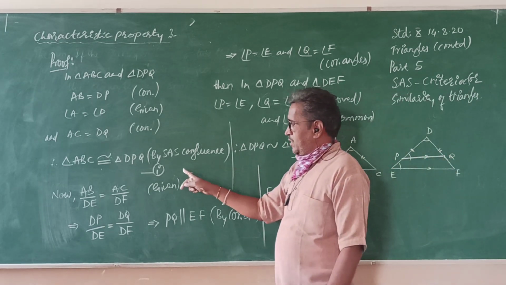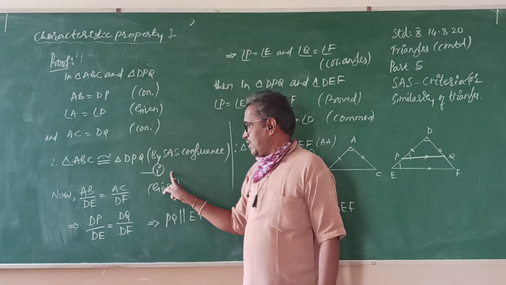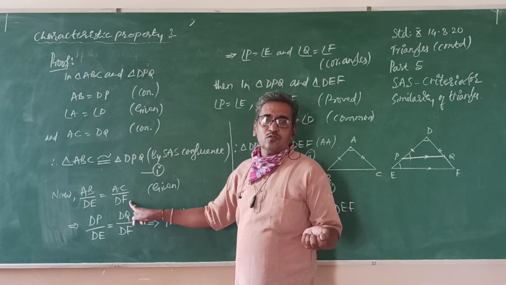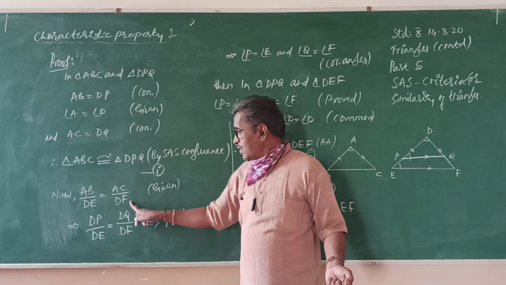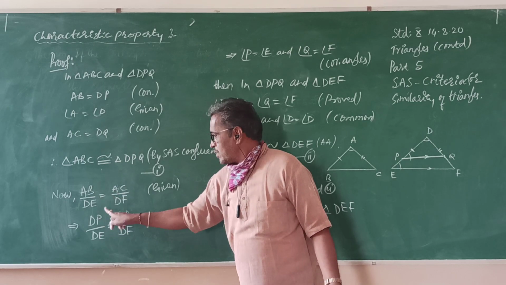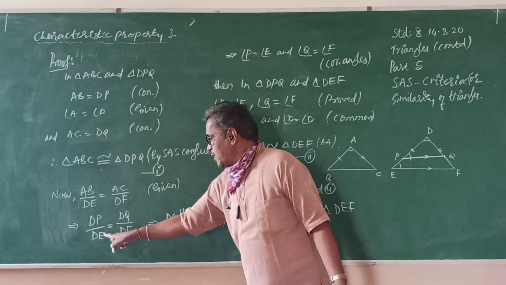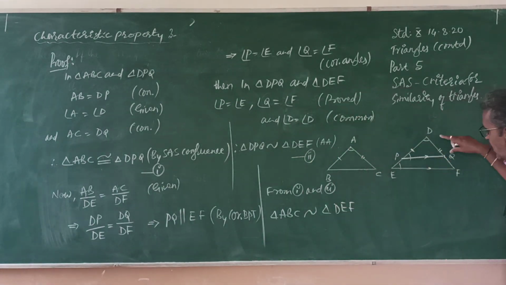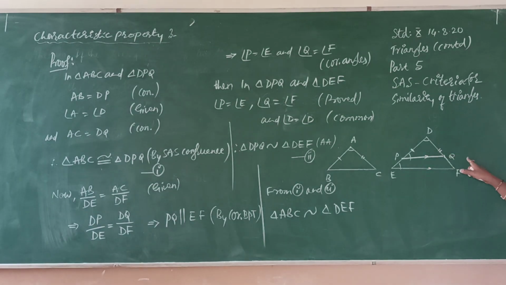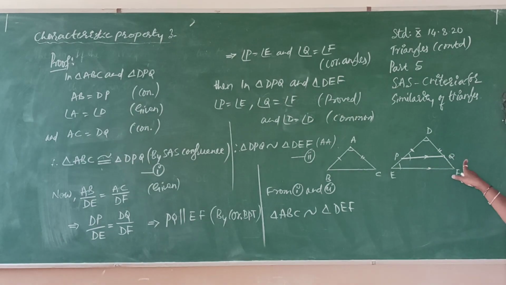That is the first part. Then AB by DE equal to AC by DF is given: two corresponding sides of two triangles are proportional. With what we constructed, AB equal to DP and AC equal to DQ, so DP by DE equals DQ by DF. By the basic proportionality theorem, if a line divides two sides of a triangle in proportion, then it is parallel to the remaining side.